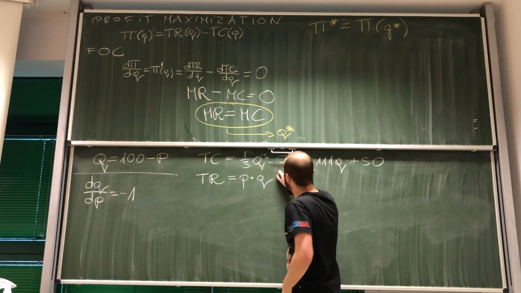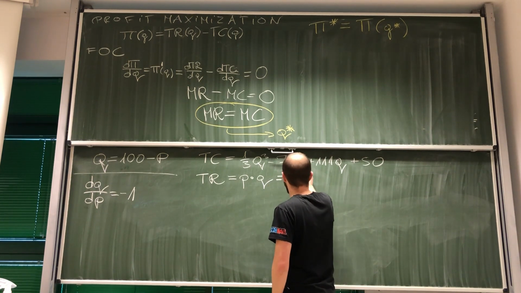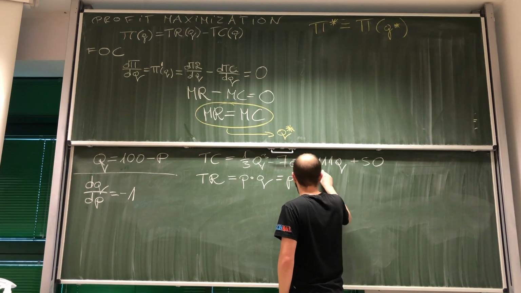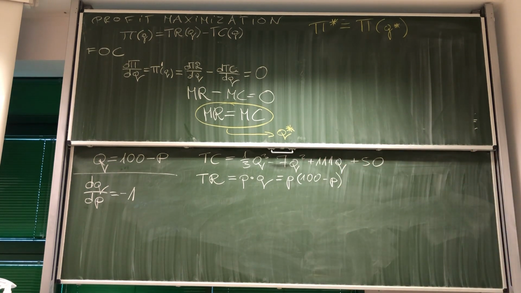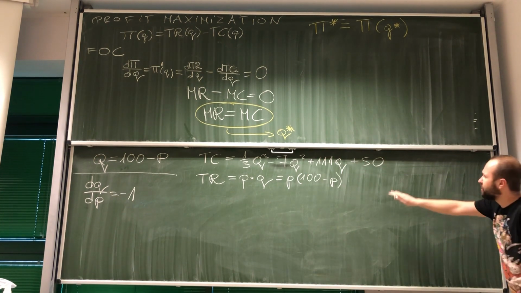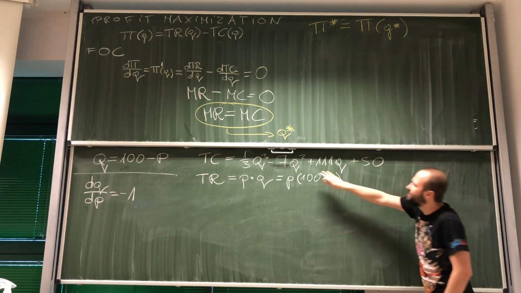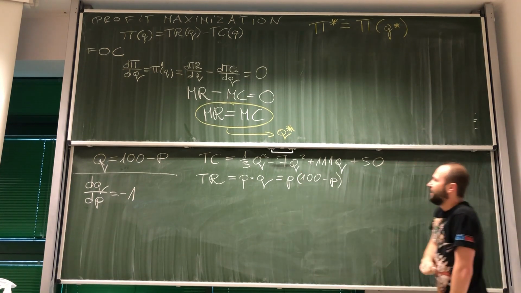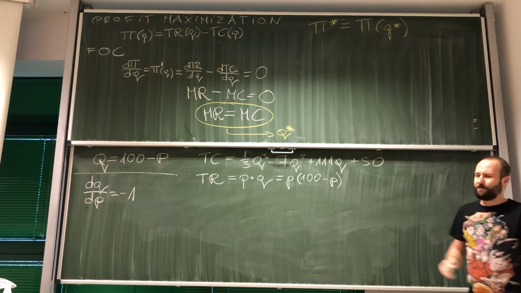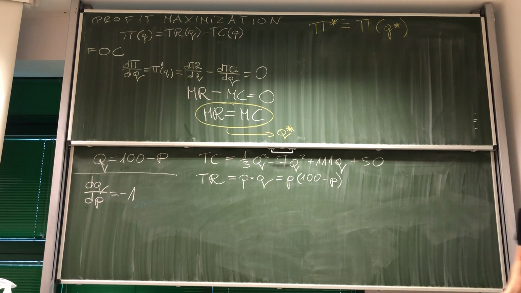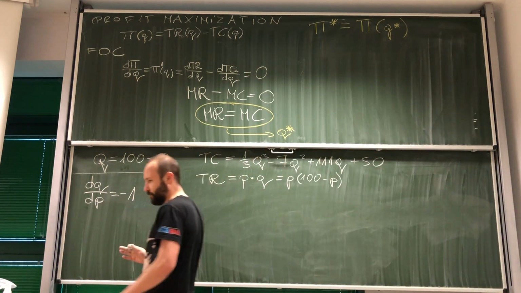What would we have then? P times 100 minus P. And look, because we have total cost expressed in terms of quantity, we would be having inside the profit P and Q, which is not a very good idea. So this is a very bad way to go about it.